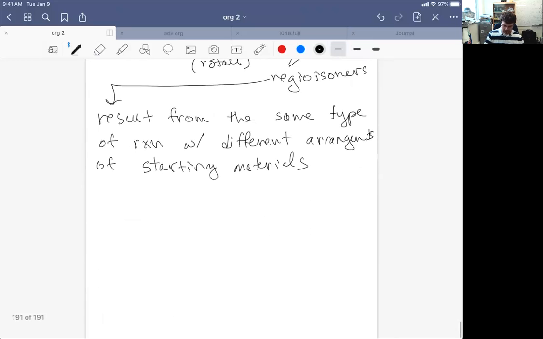Okay, so let's look at another example. Let's say we take this molecule and we react it with our chlorinated ethene. Here's another example. This molecule, while it has two methyl groups, we would say it has no symmetry.